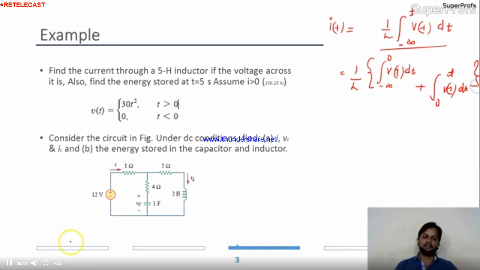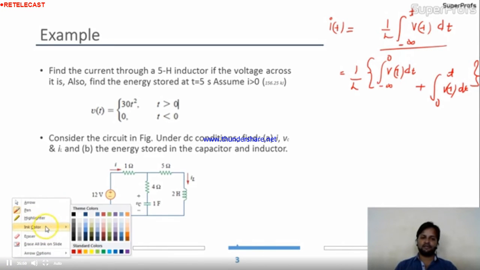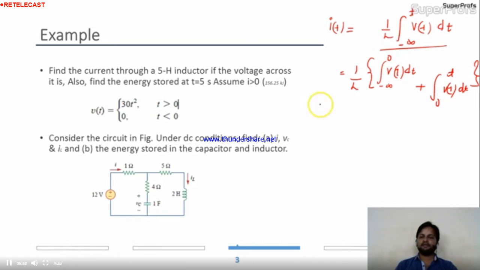Now see friends, for this particular part the v(t) is 0, because v(t) is given as 0 for t less than 0. This is the timeline: this is t equal to 0, this is t equal to minus infinity, and this is t equal to plus infinity.